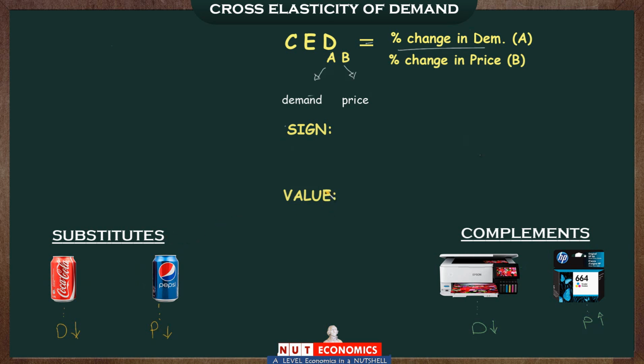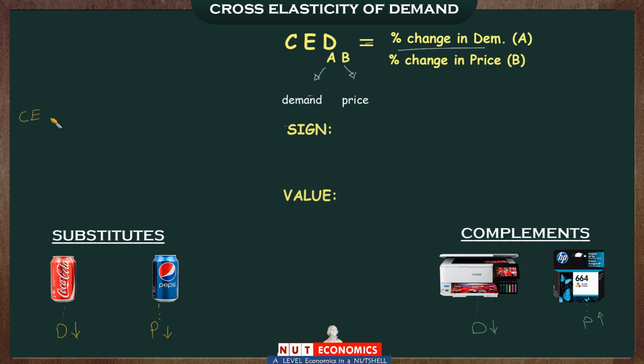And similarly, through the value of CED, we will learn how closely related complementary goods they are. Can they only be used together, or is it just better to use them together and they can be used maybe without each other as well? So the strength of the relationship will be expressed by the value of CED, and the sign will tell us whether they are substitutes or complements.